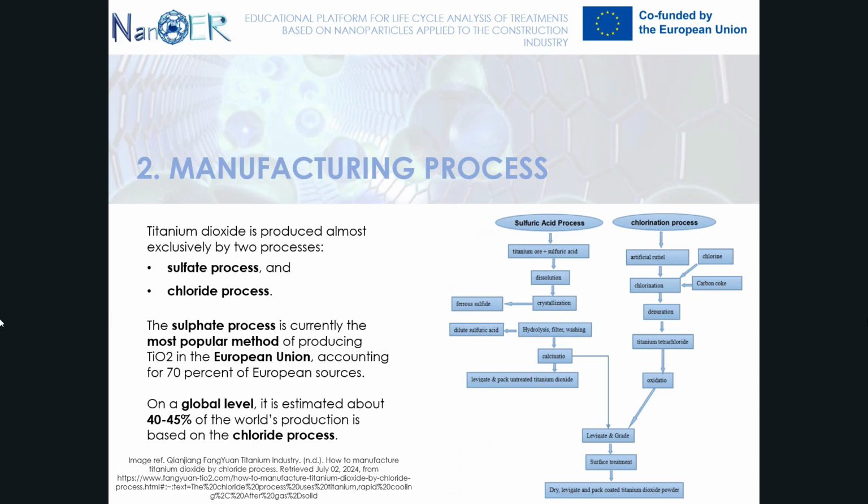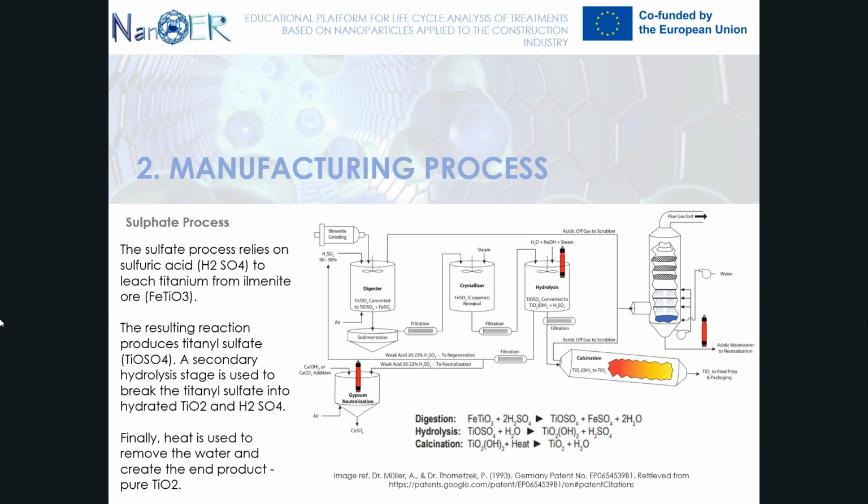The remaining 30% is the result of the chloride process. On a global level, it is estimated about 40 to 45% of the world's production is based on the chloride process. As a widely used substance with multiple applications, research is being carried out to improve the production process to reduce the levels of chemicals used and waste produced, and to recycle any byproducts.